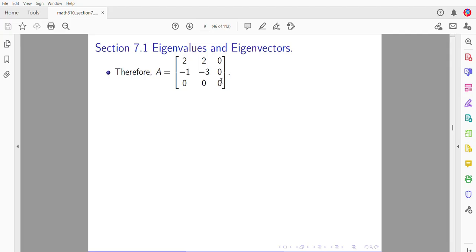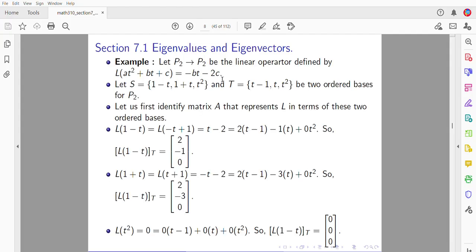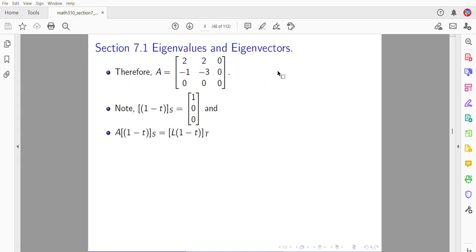So the point is, why did I choose S for left and T for right? The two spaces are the same. I could have used S for left and S for right, or T for left and T for right. You would get different matrices. That's all we are saying.